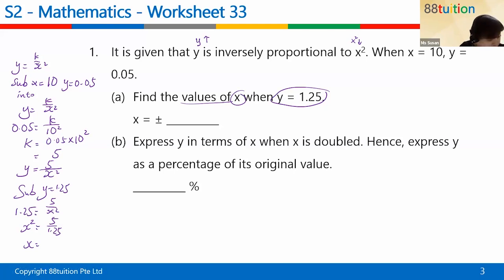Get your calculator and find this value. 5 divided by 1.25 is 4. So to get x, it must be the square root of 4, which gives the answer 2. So you put your value there. Okay, let me have this.